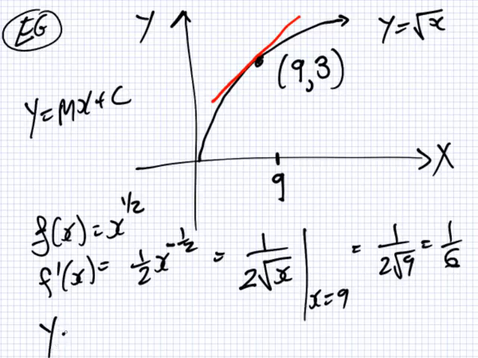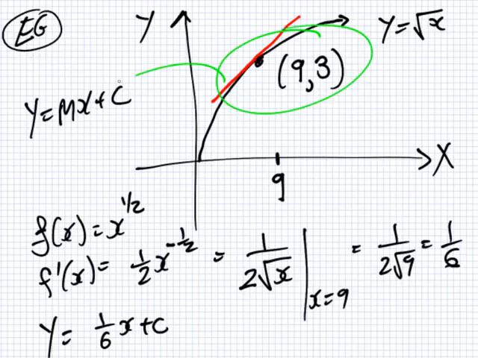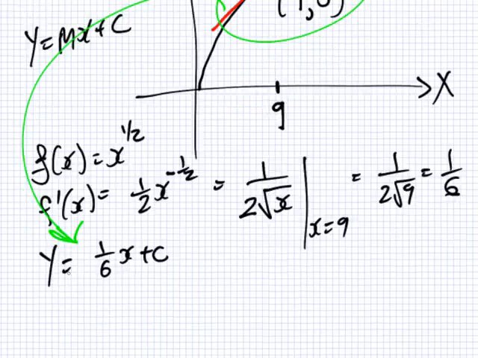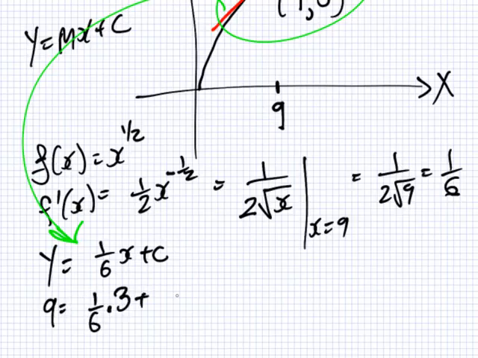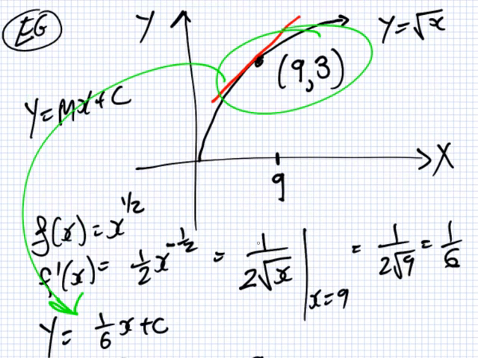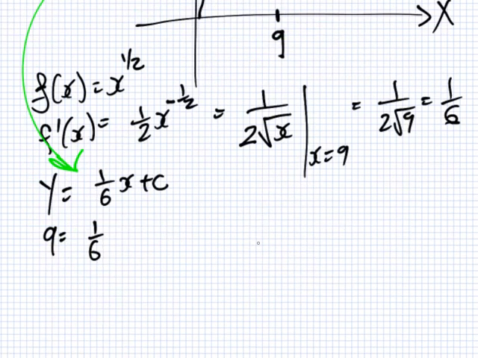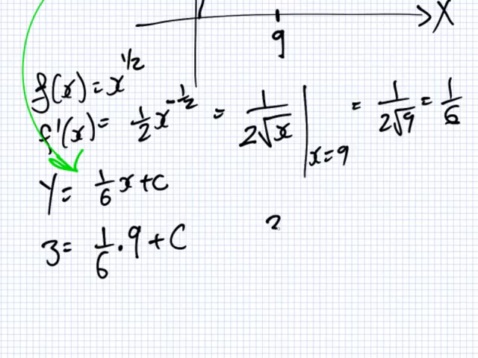So now we have y equals 1 over 6 x plus c. So I'll take this point and put it in. Oh, I have it backwards, don't I? 3 equals 1 over 6 times 9 plus c. 3 equals 3 over 2 plus c.